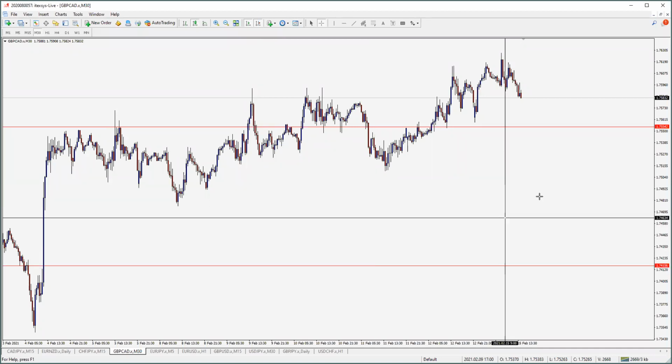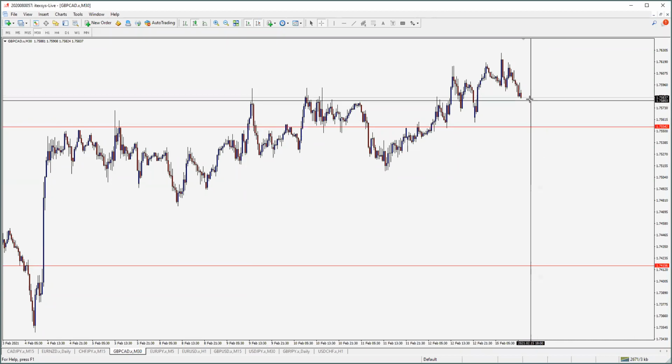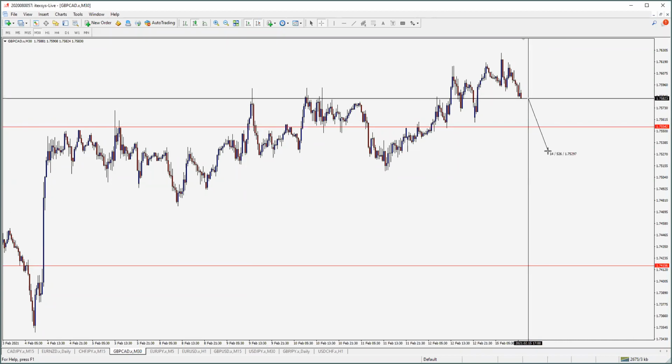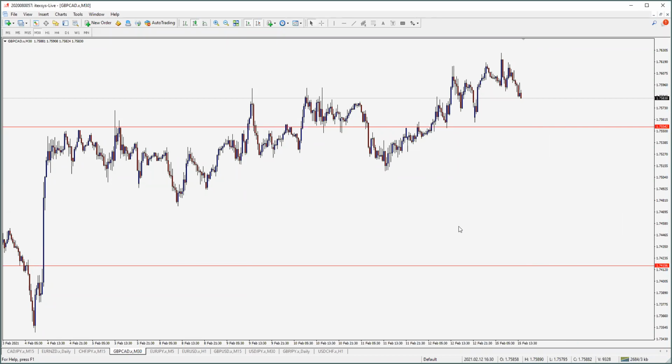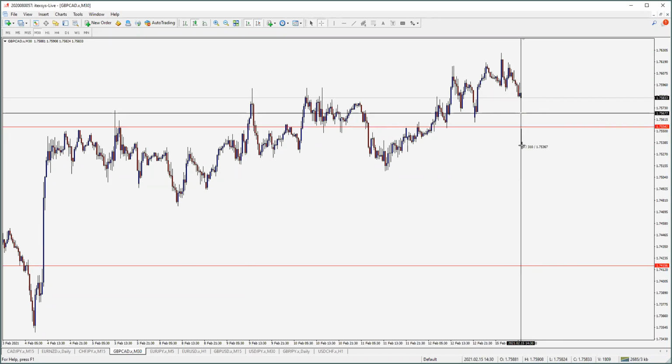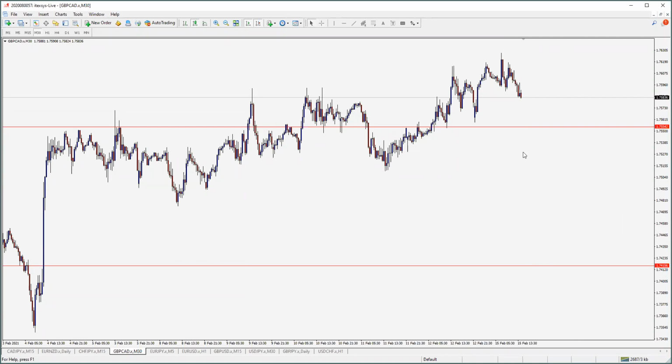So breaking out this level, and if we find some new fresh supply on this 15-minute or 5-minute chart just a bit above, let the price retrace and sell on the first touch, and hopefully it continues all the way down. That's great. Breaking out this level can create a great sell opportunity. We just need to find the good momentum, the good timing for it.